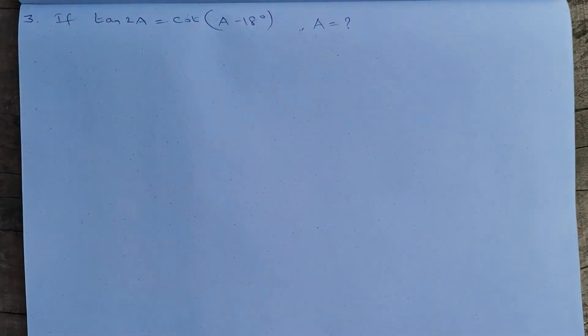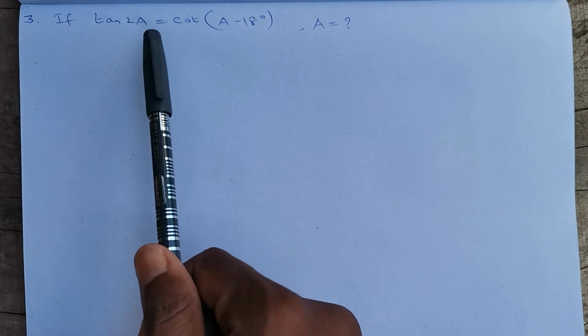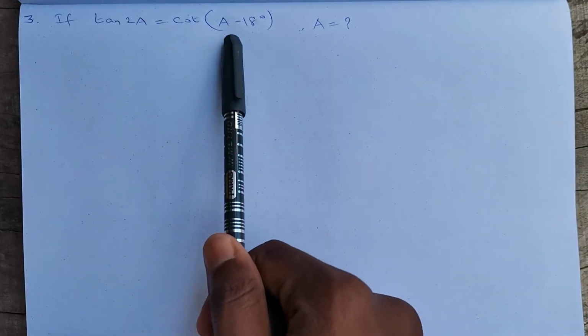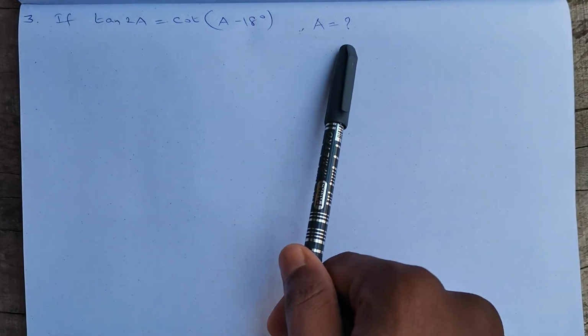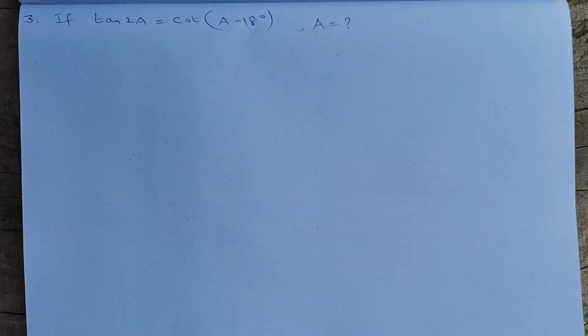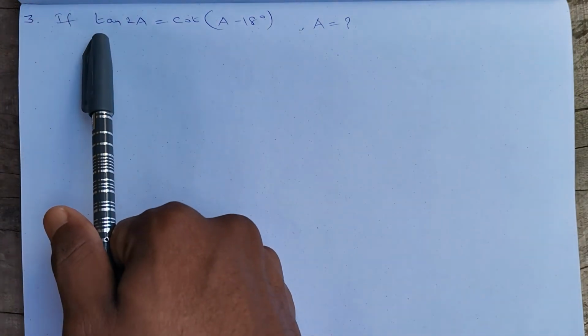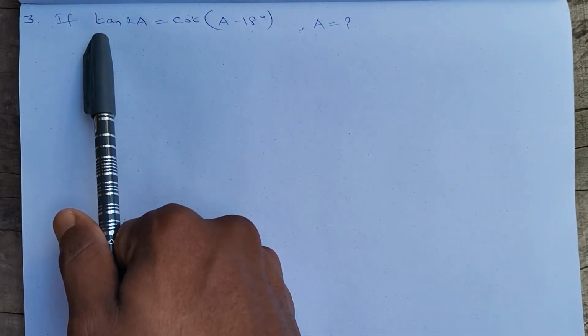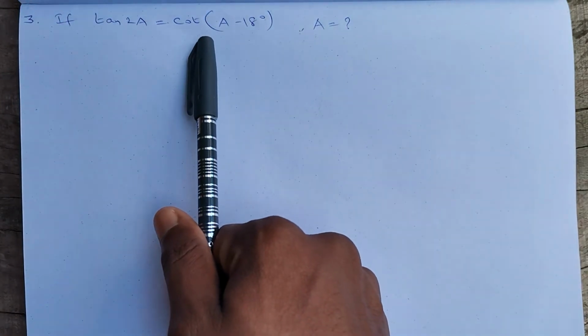Next, question number 3: if tan 2A equals cot of (A minus 18 degrees), then find the value of angle A. Whenever we need to compare the angles, first the trigonometric ratios should be the same. Here in the LHS we have tan, whereas in the RHS we have cot.